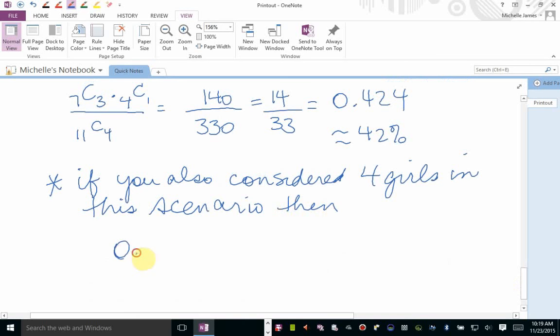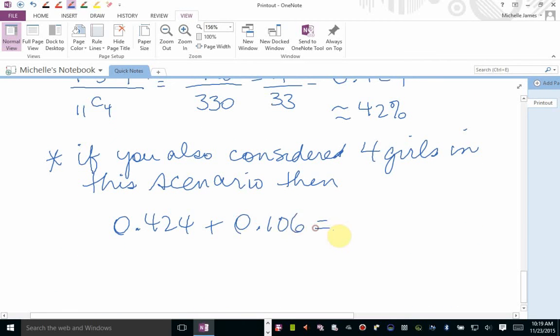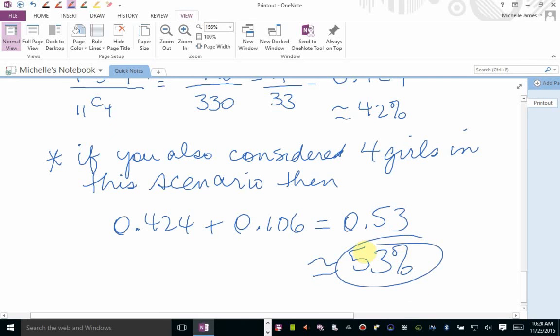Then you would have 0.424 plus 0.106, or roughly a 53% chance. I think you could convince me either way as long as you told me your reasoning. It's a good question.